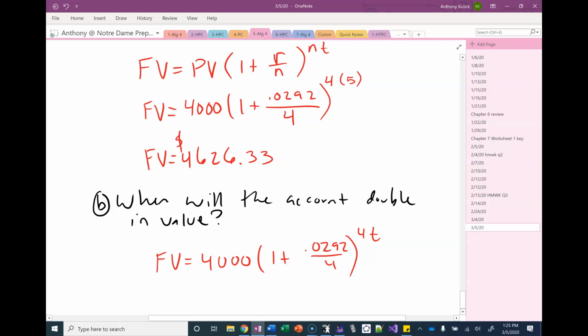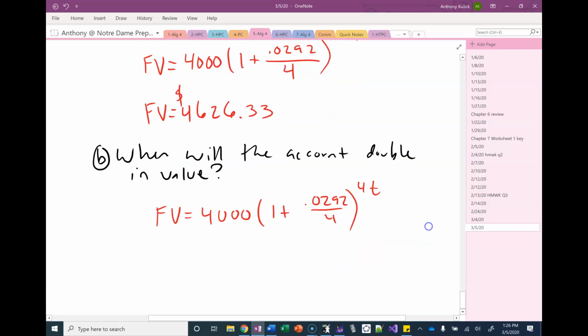But to do that, we need to have a future value to plug in. What future value should we plug into this? Not 4,626.33. 8,000. How did you get 8,000? It's doubling in value, so 4,000 times 2 is 8,000. Everybody okay there?